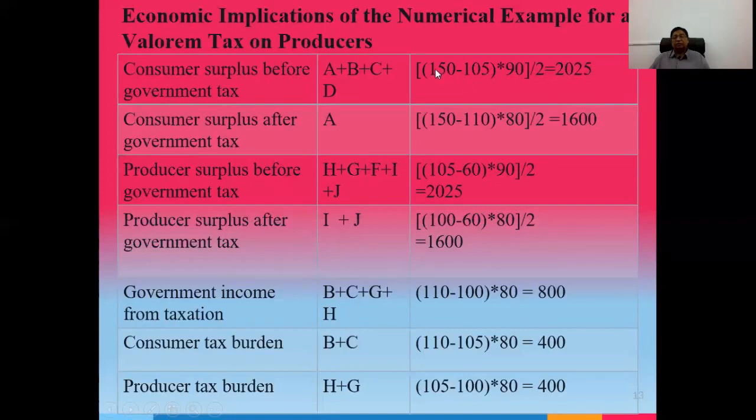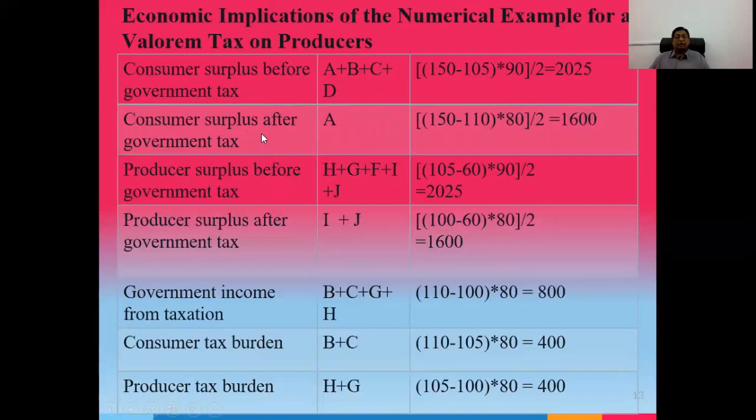The difference between the price at 0 quantity demanded and the equilibrium price, into equilibrium quantity divided by 2, then you will get consumer surplus before government tax, 2025. Then consumer surplus after government tax.